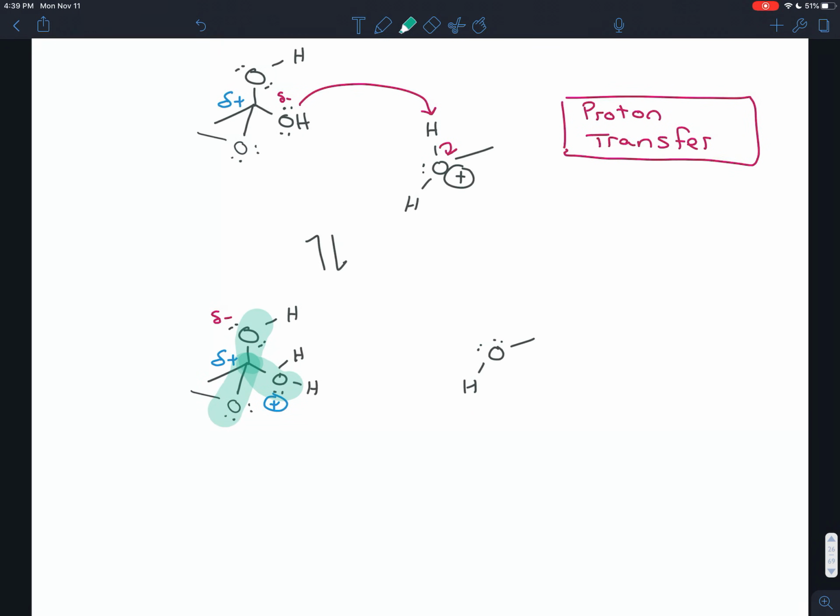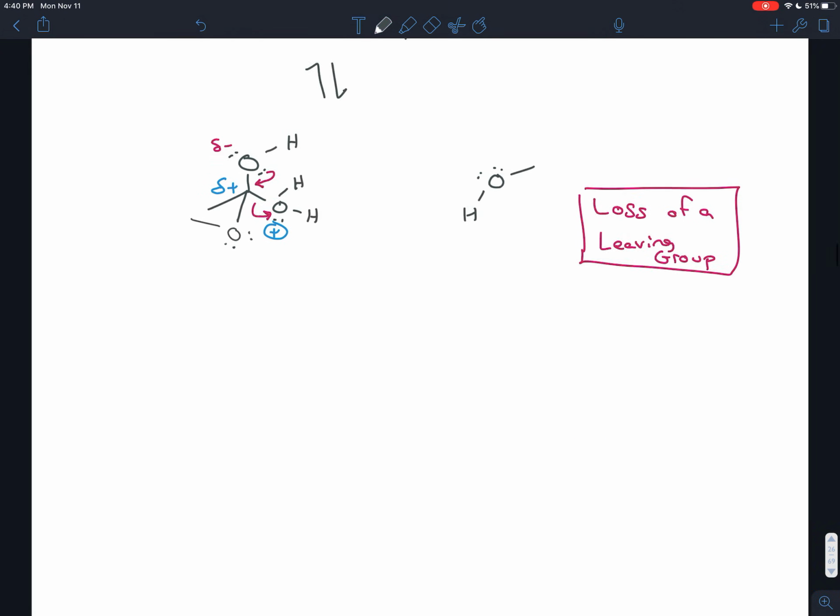That carbon is, after all, bonded to 1, 2, 3 oxygens, so it's losing a lot of electron density, and so those lone pairs snap back down and kick this awesome leaving group off. So if you're trying to classify that, this step would be loss of a leaving group. The other essential step in any substitution reaction.